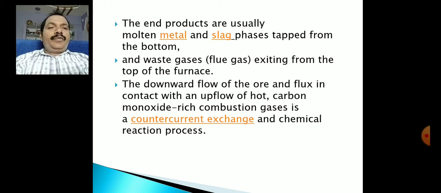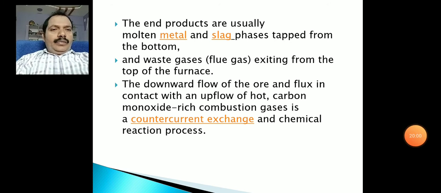The downward flow of the iron ore and flux in contact with an upflow of hot carbon monoxide rich combustion gases is a counter current exchange and chemical reactions process.